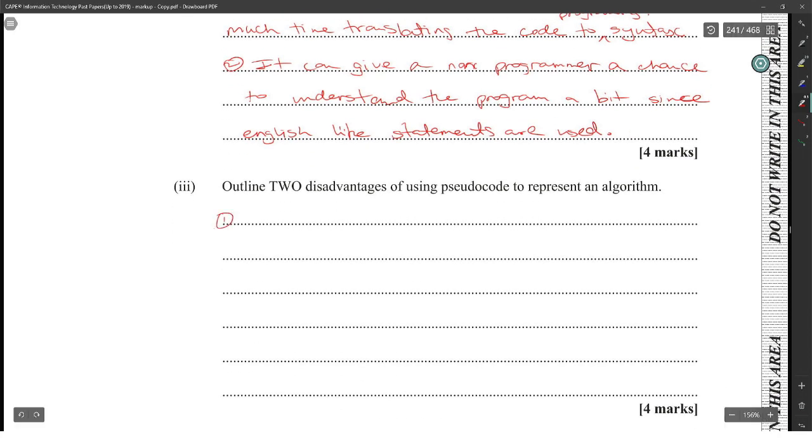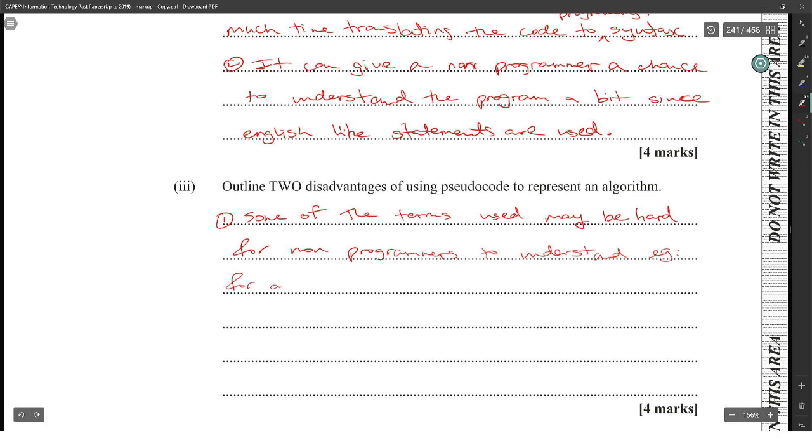A disadvantage of using pseudocode to represent an algorithm would be, 1, some of the terms used may be hard for non-programmers to understand.